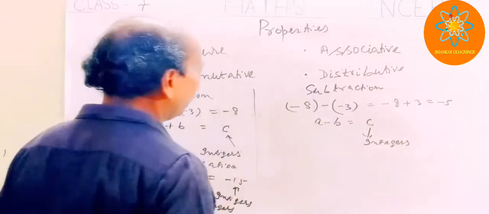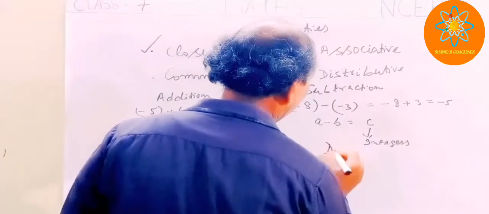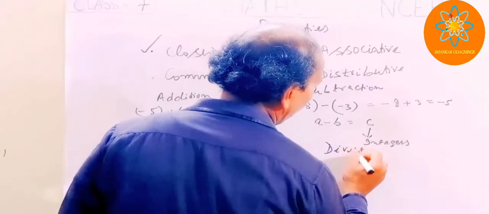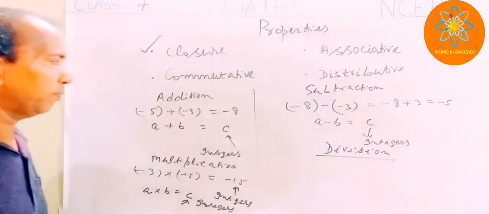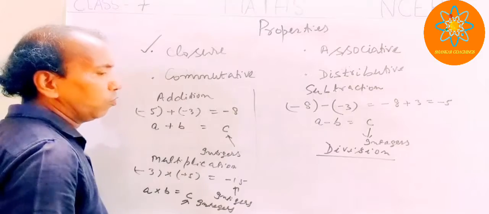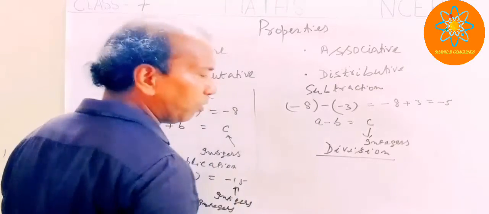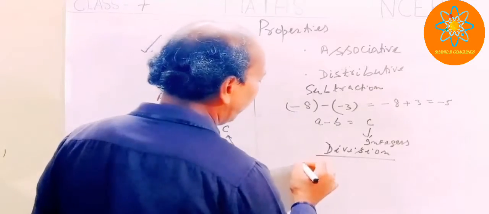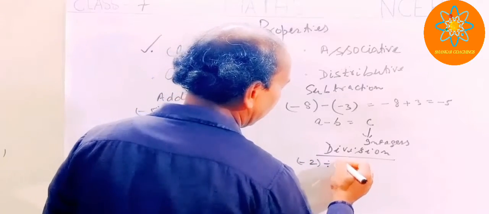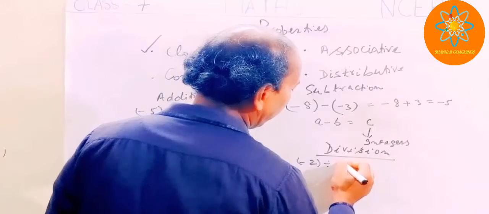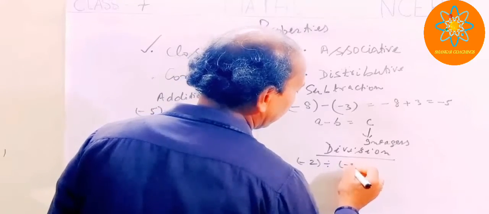Now the last operation is division. Now we want to see whether the closure property is happening or not in the division case. So for the division case, let's suppose I am taking -2 divided by -3.